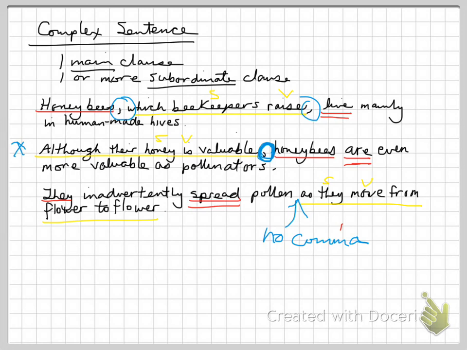So let me read a few more complex sentences. For instance, he forgot to give the teacher his homework when he came to class late. The part that's dependent on the other part is the clause when he came late to class.